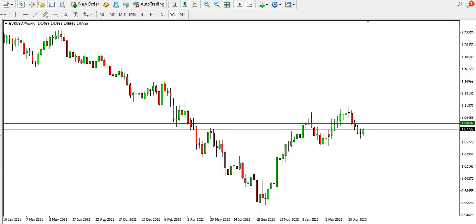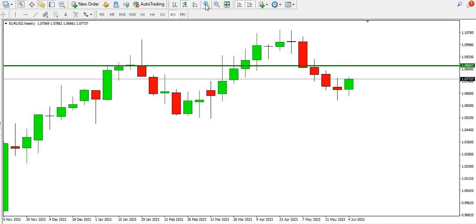On EURUSD on the weekly time frame, price has been dropping for like 4 weeks, like a month. Now we have a break of the descending trend line, and we're now having the formation of a morning star candlestick pattern.